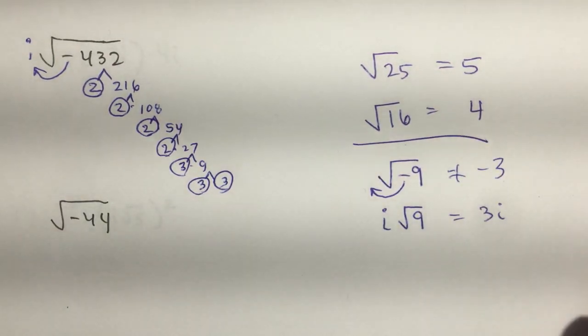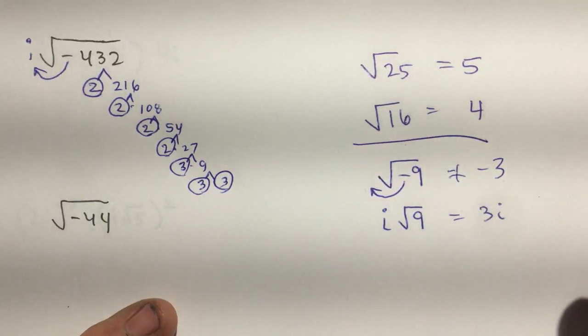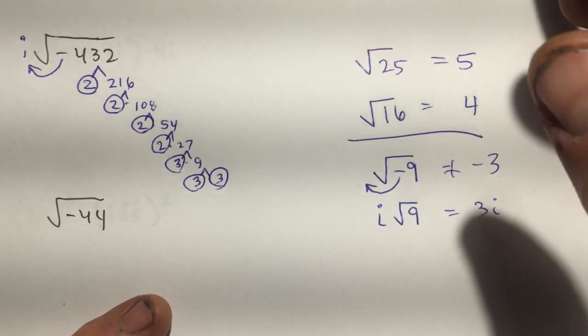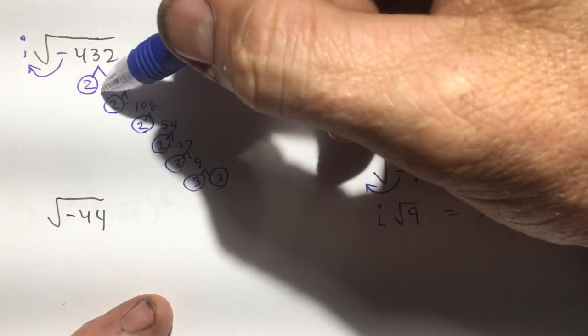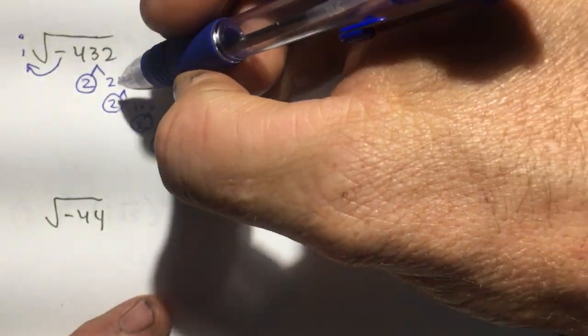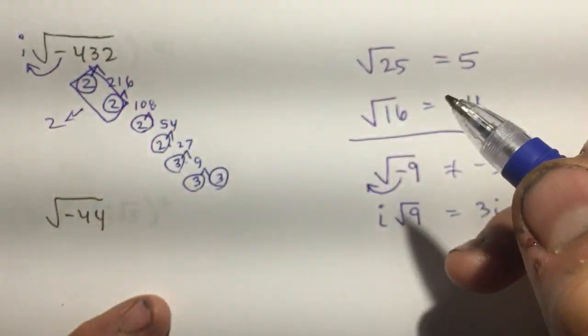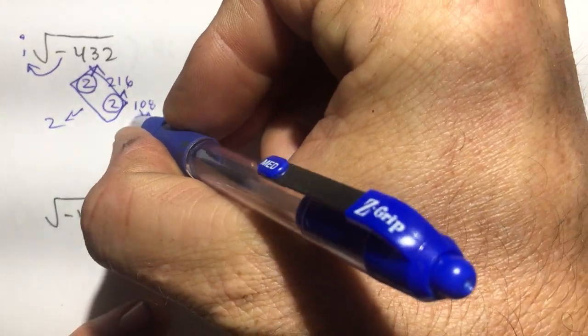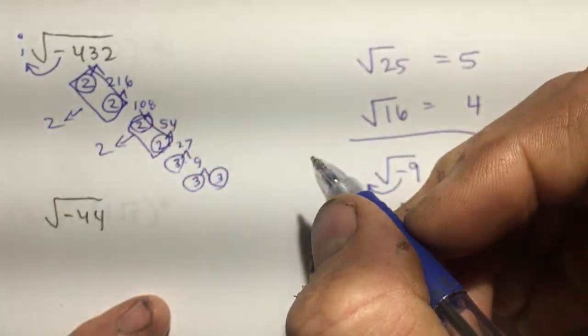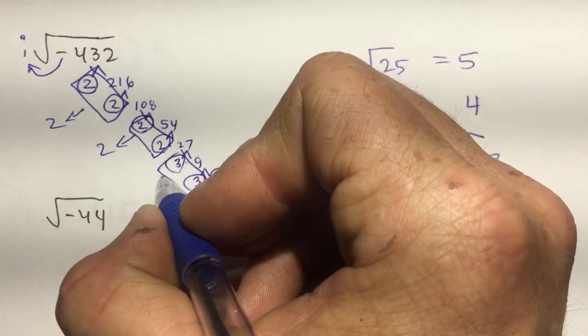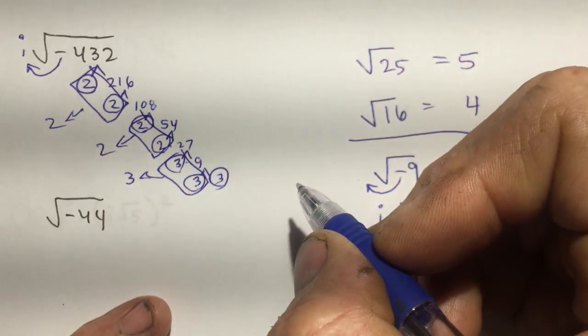Okay? Now, when you break them down in primes, you look at your primes, and you look for pairs. And I can see right here, these two pair up. That's going to send a 2 out of the radical. These two right here are going to pair up. That's going to send another 2 out of the radical. These two 3's, they pair up. That's going to send a 3 out of the radical.